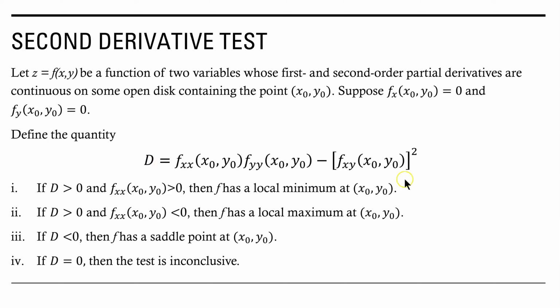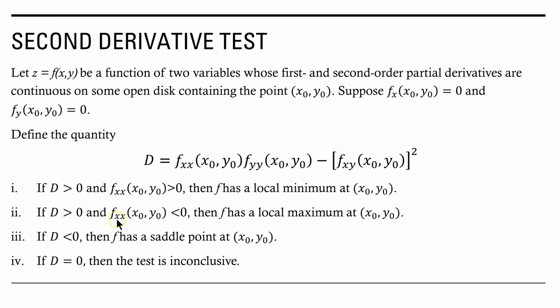So notice the structure here, and notice that if this D is positive, so in I and II, if D is positive, then if this second partial derivative with respect to x is positive, we have a local minimum. This second part is very similar to what we do in single variable calculus.